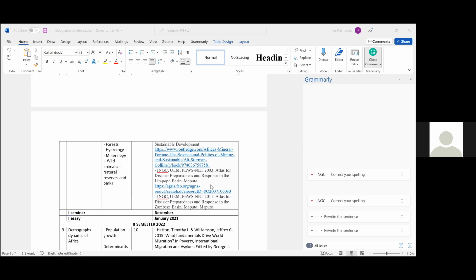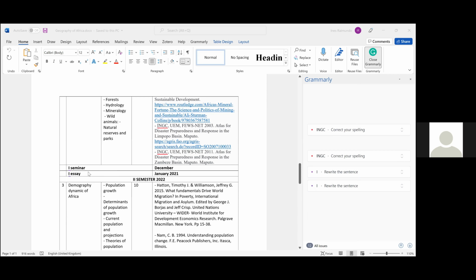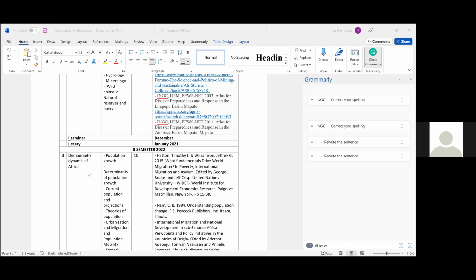The second topic is about the demography and dynamics of Africa. Here we'll discuss population growth, because UNFPA, an international agency, and what I call the fundamentalist demographers say that the population in Africa is growing so fast and it will be a problem.